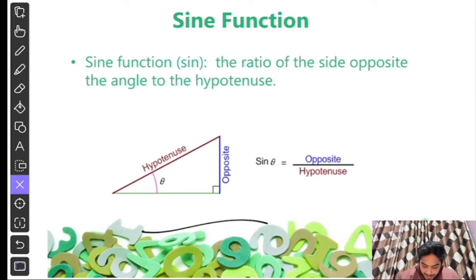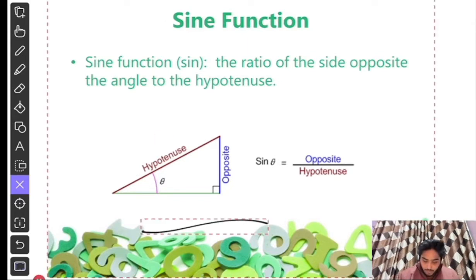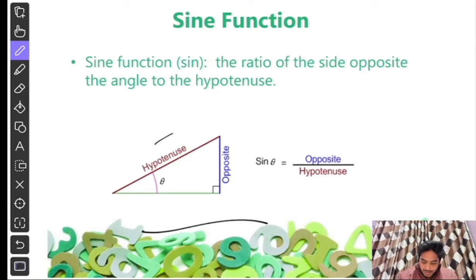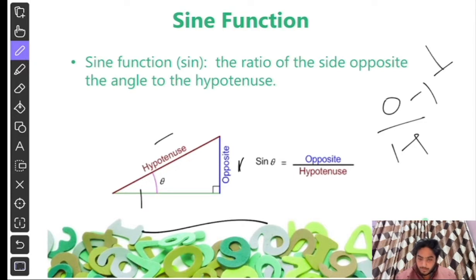This is the hypotenuse, and this is the opposite side of this angle. So sine theta is the opposite side upon hypotenuse, which is also known as perpendicular. We can also call this opposite side a perpendicular because this side is perpendicular to the base of the triangle.